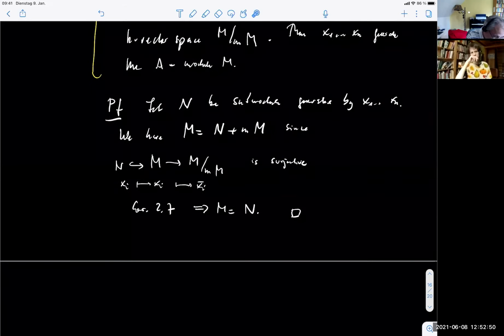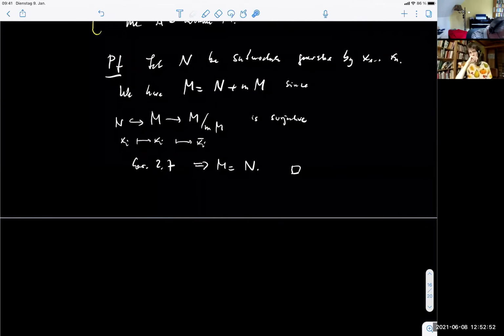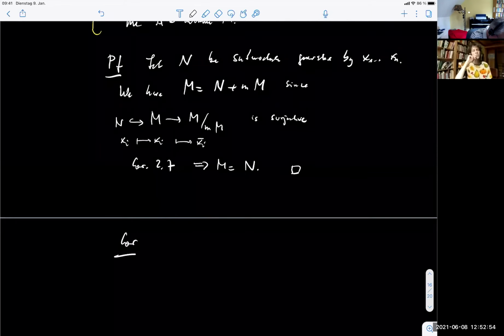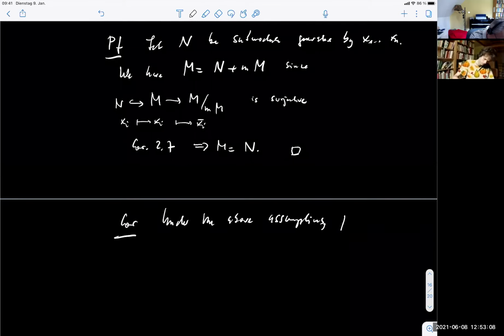Maybe a corollary, also nice to remember. Under the above assumptions, let's call D the dimension of this vector space.